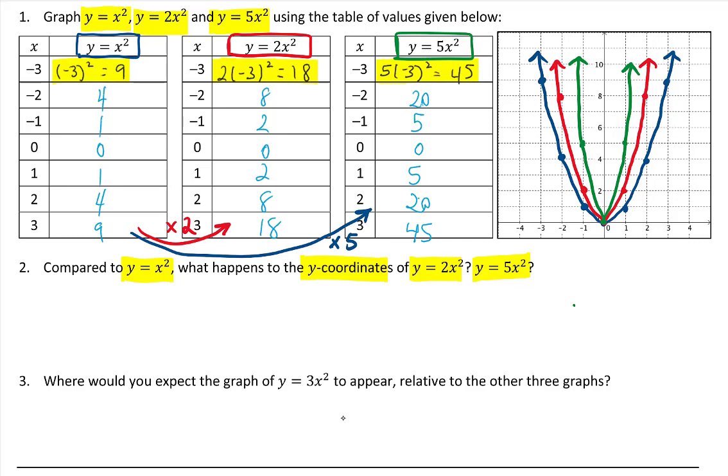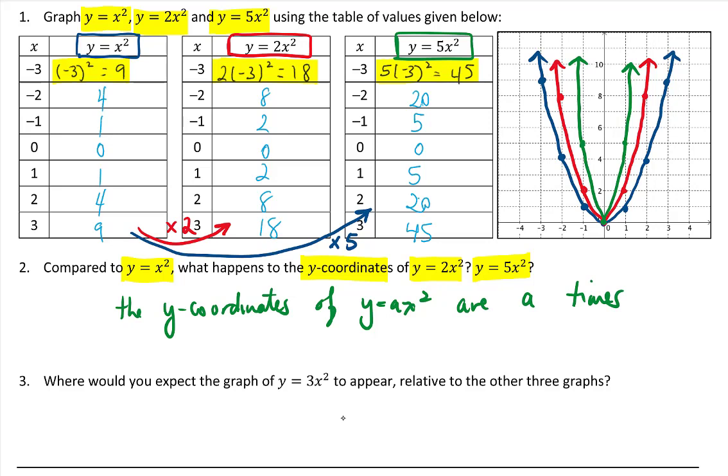So we can conclude that, compared to y equals x squared, the y coordinates of y equals ax squared are a times greater. Again, a is the number in front of the x squared.